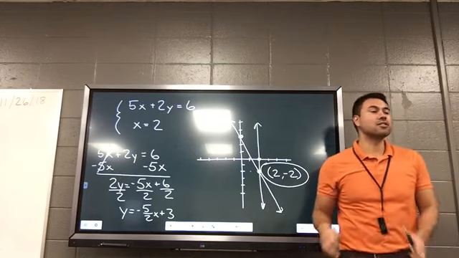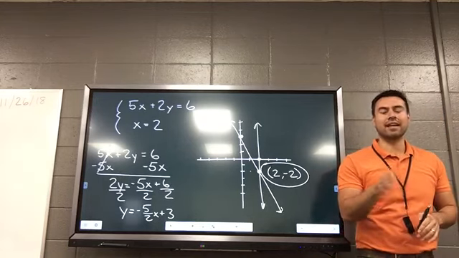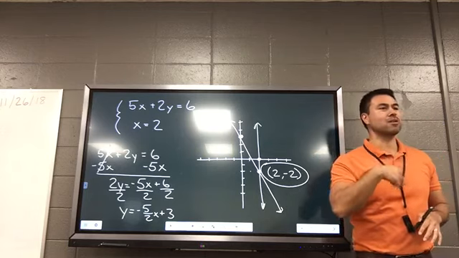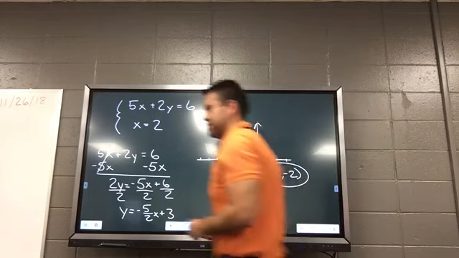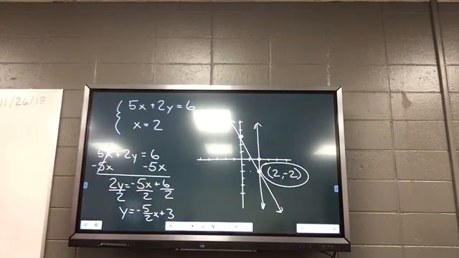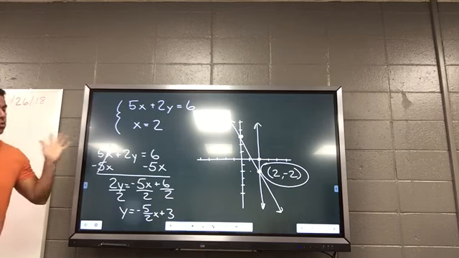Yes. We almost had non-linear last chapter, but you'll definitely get it later on in the year. So this is just one type of system, where they intersect. Other systems in just a moment.